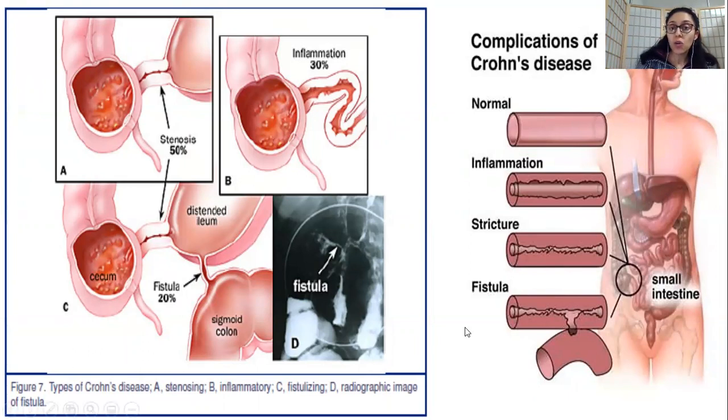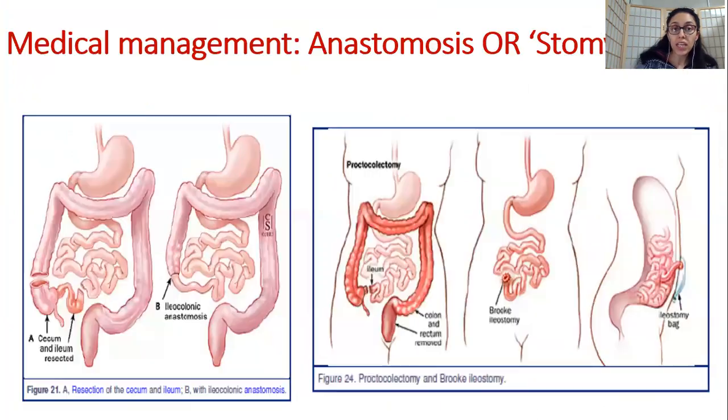So guys, this is Crohn's disease and its complications. Now the medical management is to do with stomy. So you may have ileostomy, jejunostomy, or duodenostomy. Stomy means cutting off the part which is inflamed and which has strictures, stenosis, and fistulas.